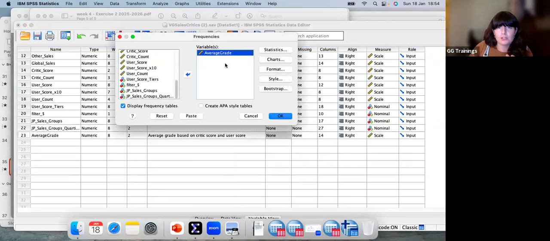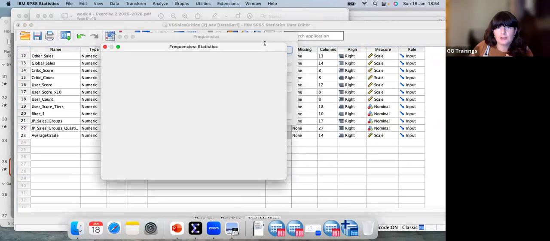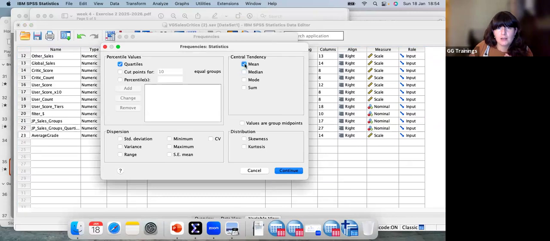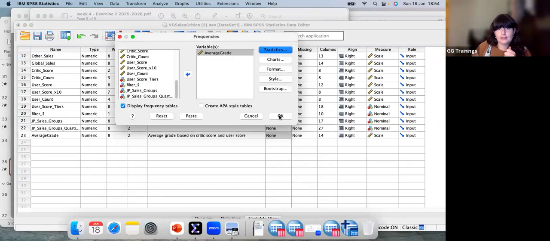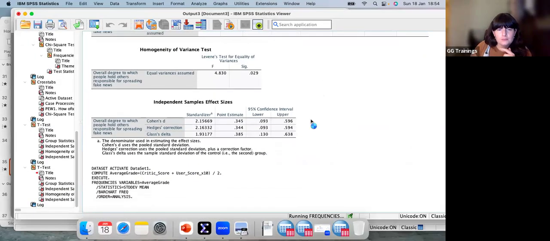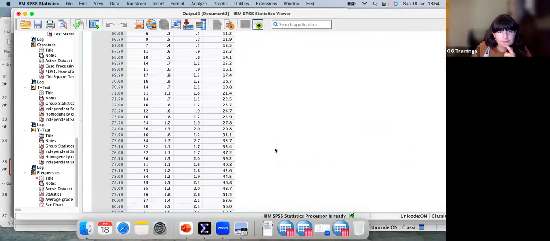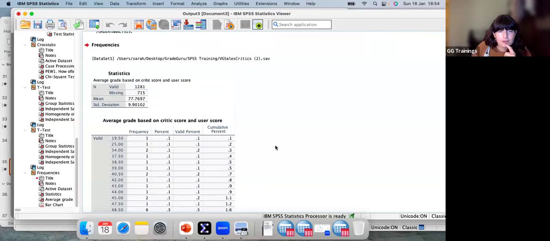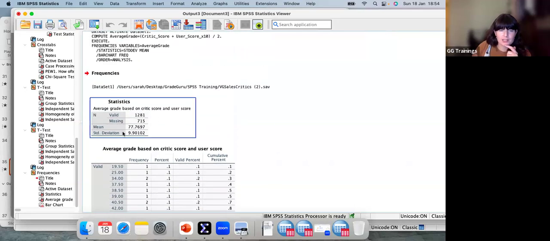Have a look at the average grade. It wants us to look at the mean and the standard deviation. Continue, and okay. All right, there's your mean and your standard deviation.